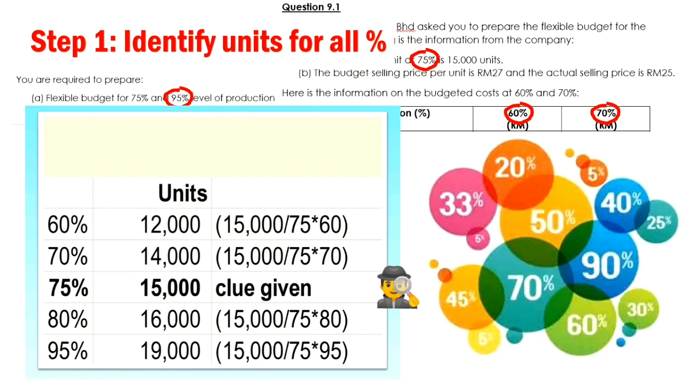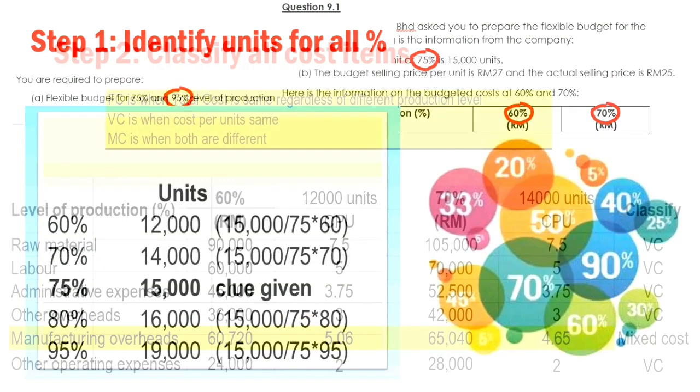Then we get 12,000 units. 15,000 divided by 75 times 70, then we get 14,000 units. 15,000 divided by 75 times 80, we get 16,000 units. 15,000 divided by 75 times 95, we get 19,000 units. Step number 1 complete. Now let's go to step number 2.